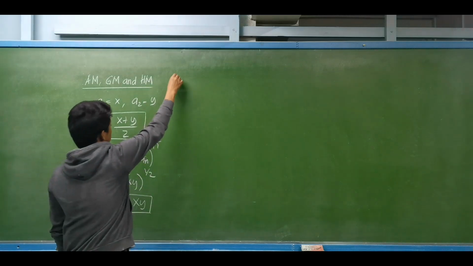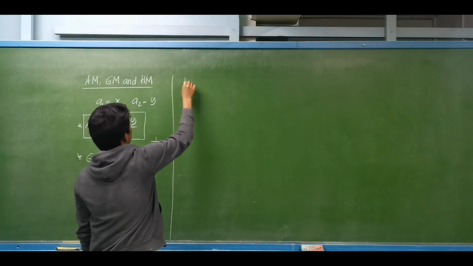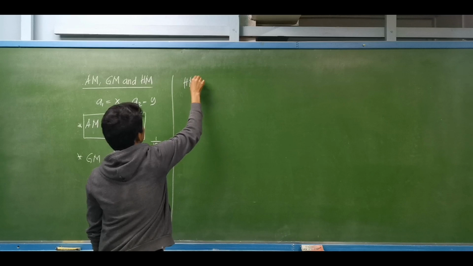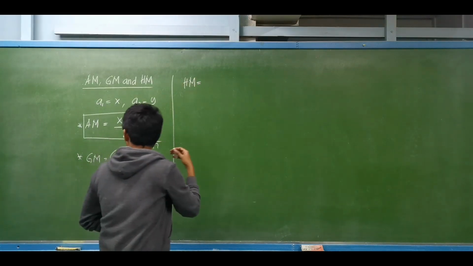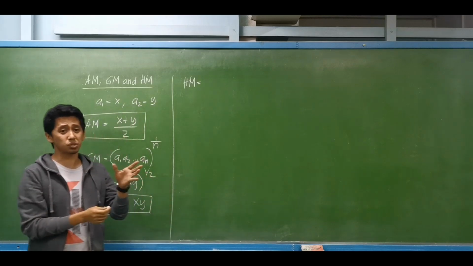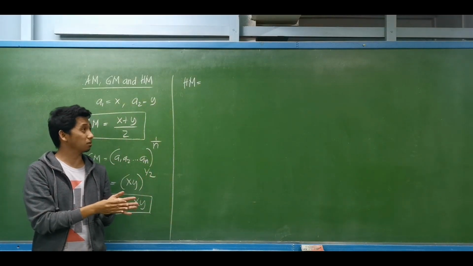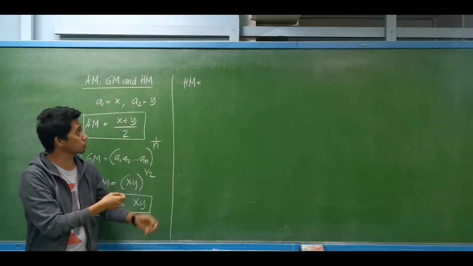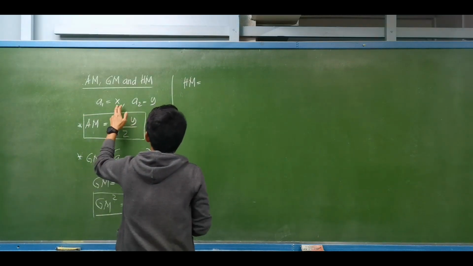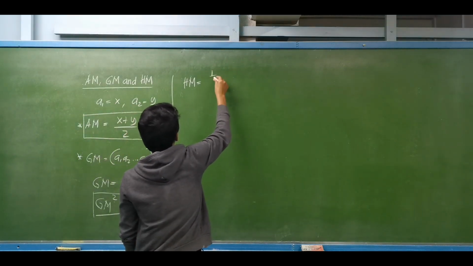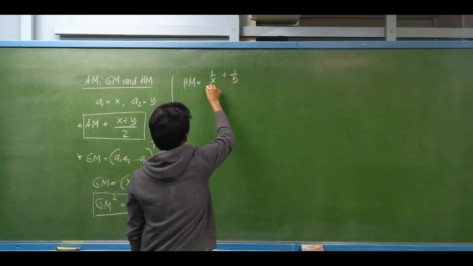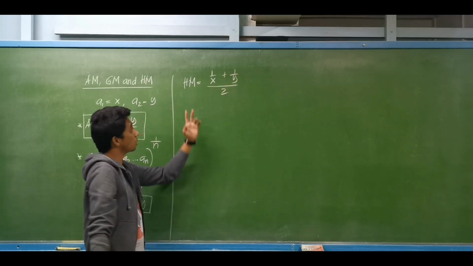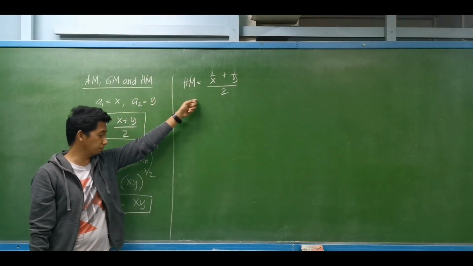So how about the harmonic mean? Most of the time, the common mistake or wrong assumption of most students is that if we have x and y, you take the reciprocal of x and y, then you average. This is the common mistake for the harmonic mean.